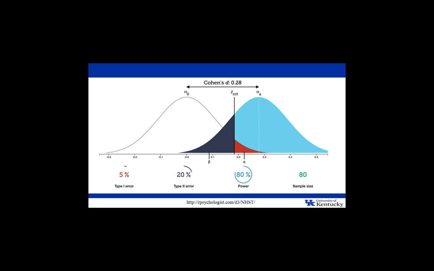I believe this is based on a one sample z-test. So Cohen's d is just the alternative mean divided by the standard deviation, and here it's 0.28. That's the effect size. So one way to increase power is to increase the effect size. We don't know the effect size, but that is one way to increase power.